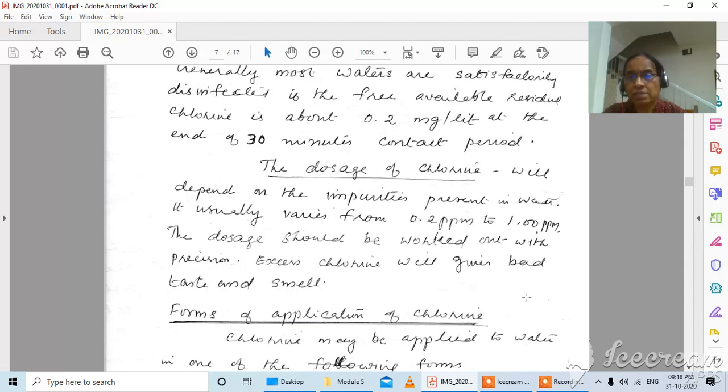But at the same time, in urban areas, again we used to have more residual chlorine, that means more than 0.2 ppm. Usually it is 0.3 to 0.4 ppm, because we expect some contamination of water during its transmission.